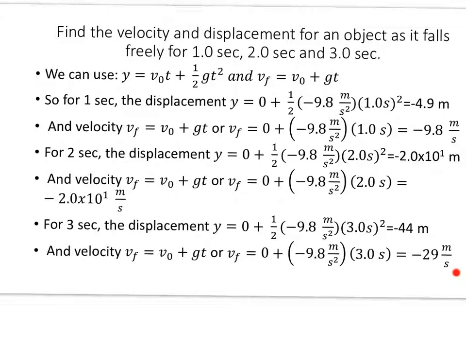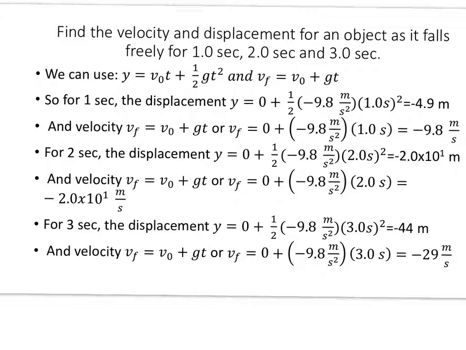Now, the reason I went over this is it illustrates something very important, and that is if you look at how far the object fell during the first second, which was 4.9 meters. And then from the first second to the second second, roughly 15, right? This is 20. 20 minus 4.9 is roughly 15. So it fell 5 meters the first second, and then during the second second, roughly 15. And then during the third second, roughly 24.